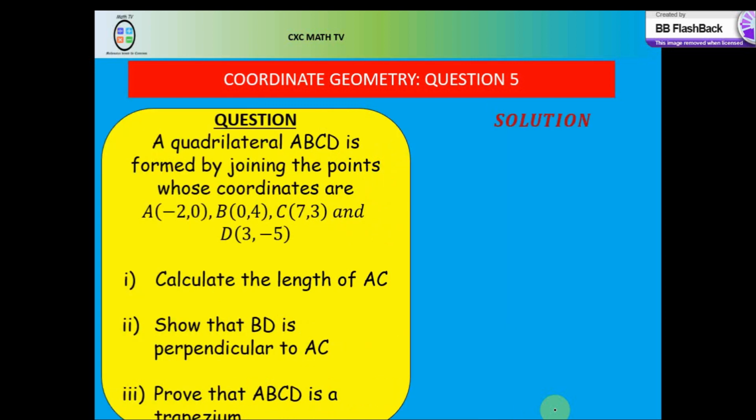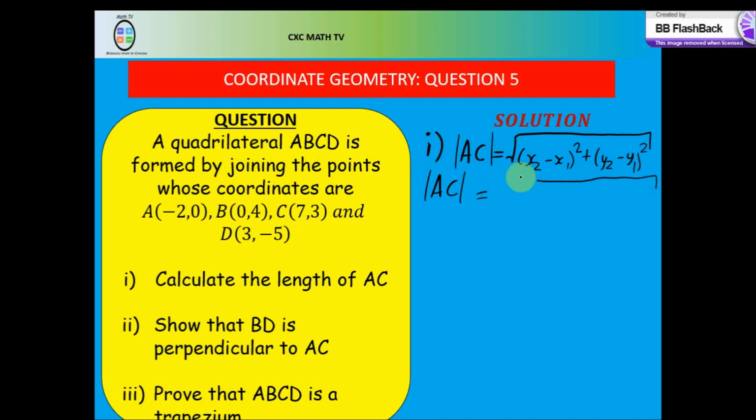Alright, so to do this question, let's go. First we need to find out the length of AC. So AC, remember the length of a line is what? The square root of x2 minus x1 squared plus y2 minus y1 squared. So the length of AC then is going to be the square root of, where is A and where is C?